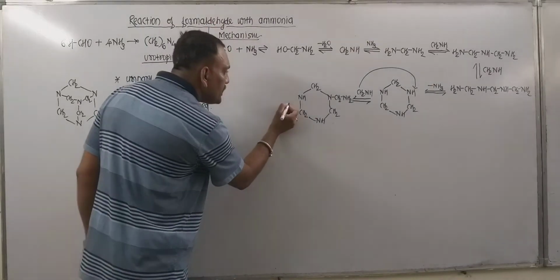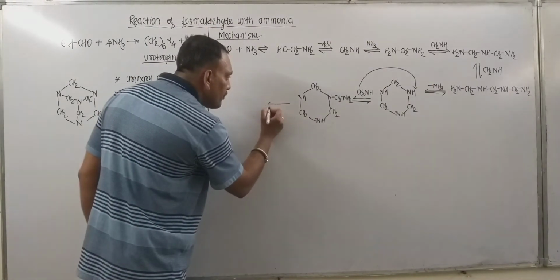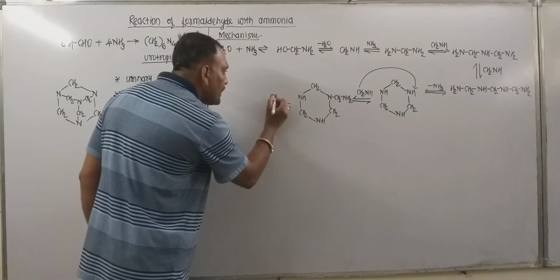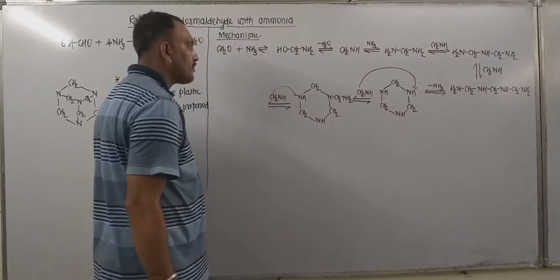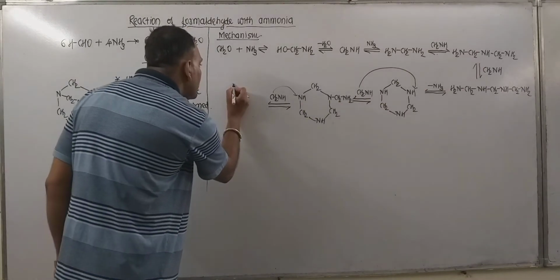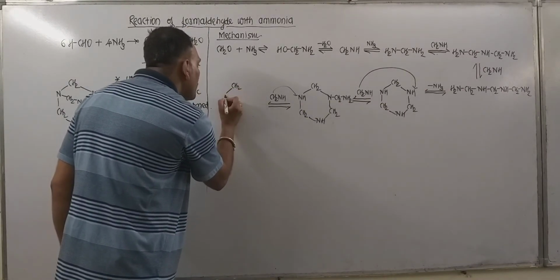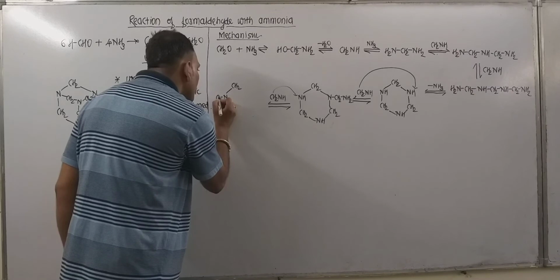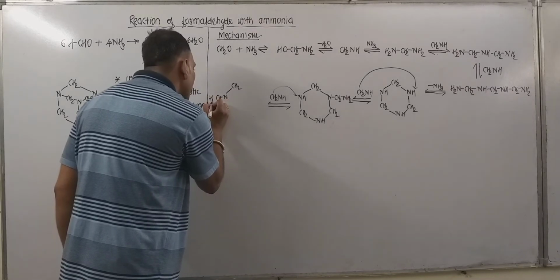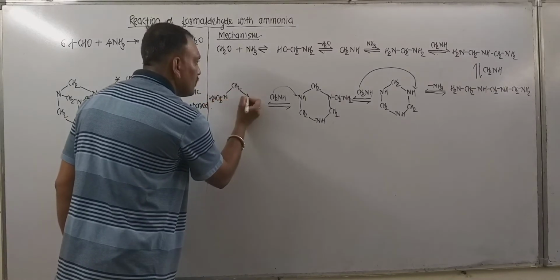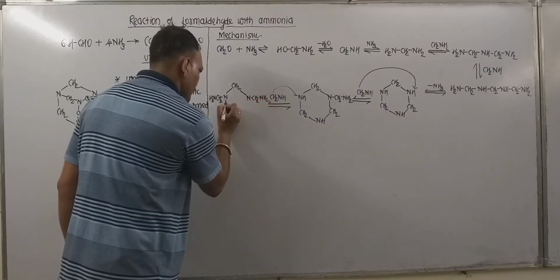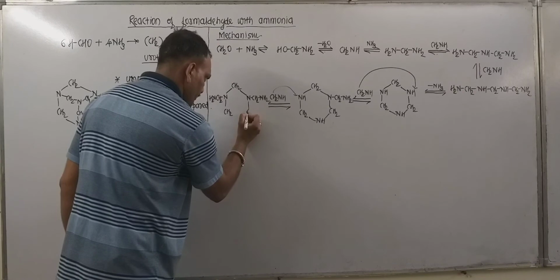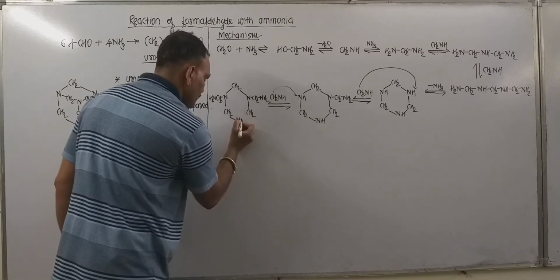Now this addition product further combines with CH2NH right here, and now at this point we may receive this thing shown like this. So this is the crucial thing of the mechanism.